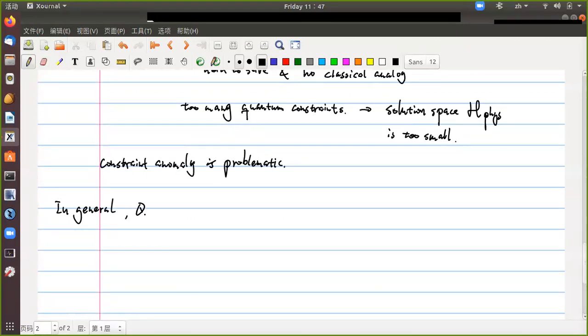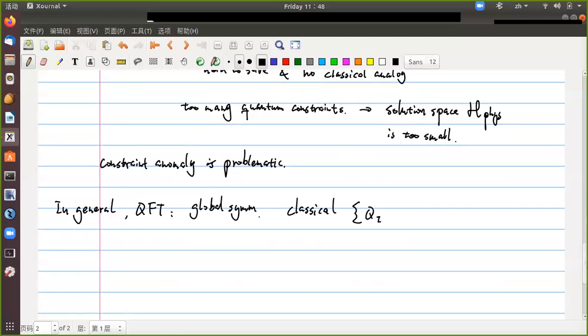In quantum field theory, as we know, you usually have global symmetry, and sometimes you have local symmetry. Let's first talk about global symmetry. Classically you have some symmetry charges, and those symmetry charges satisfy some Poisson brackets.